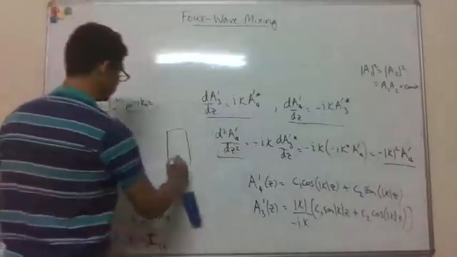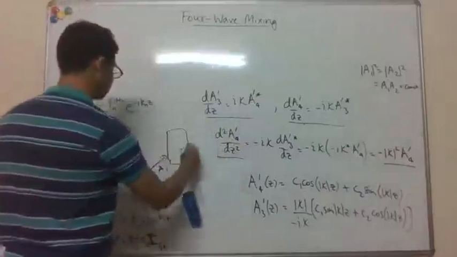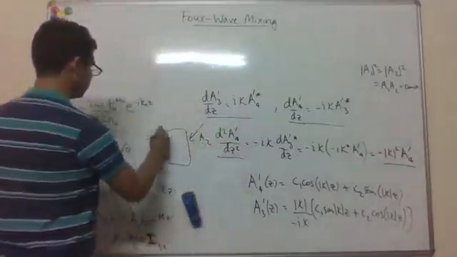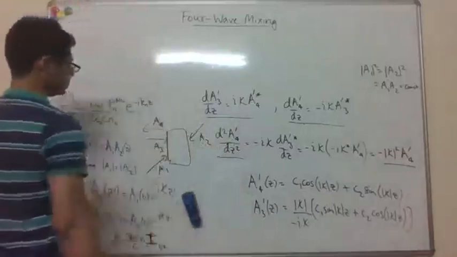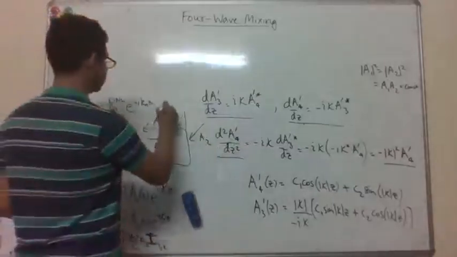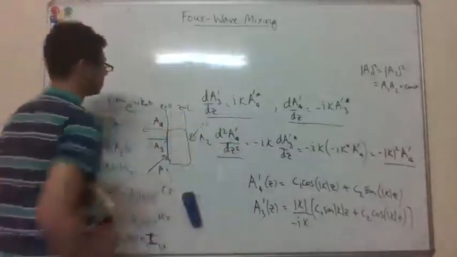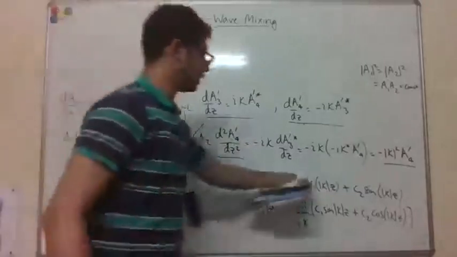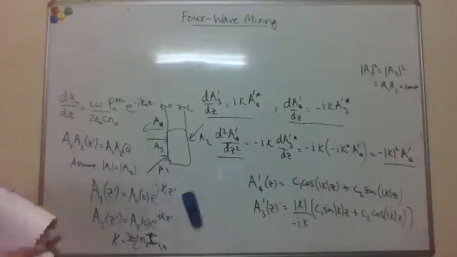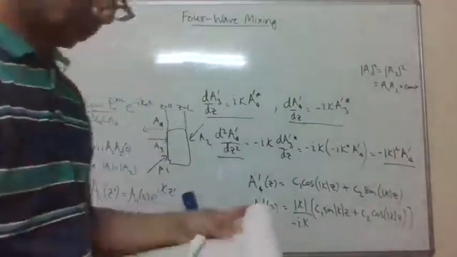Right, so setup is like this: A1, A2, A3, and A4. So we just need boundary conditions at z equal to 0 and z equal to L to find the C1 and C2. Okay, so we'll continue next time.